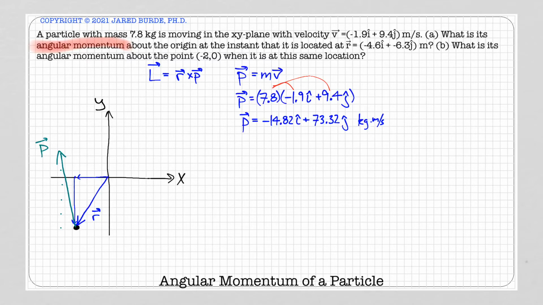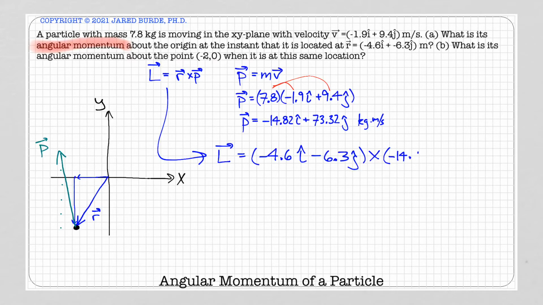If we want to actually find the angular momentum that is associated with this linear momentum, the angular momentum about the origin, then we'll take the cross product of r, the position, as measured from the origin, and the linear momentum. So this equation here, we're going to have r crossed with p, the linear momentum.